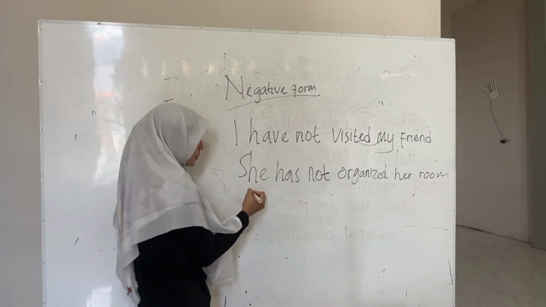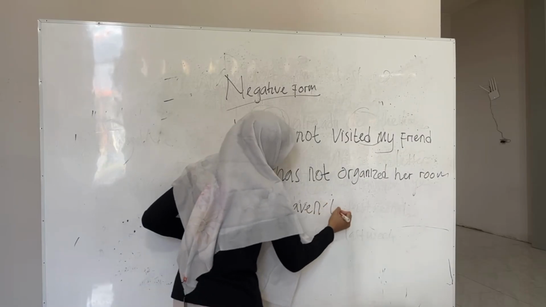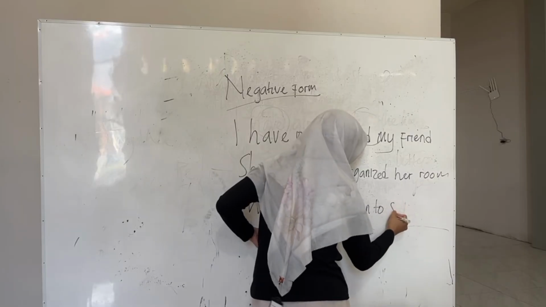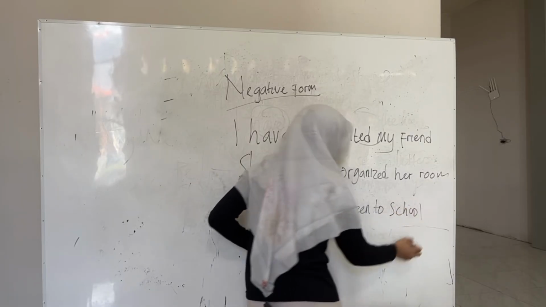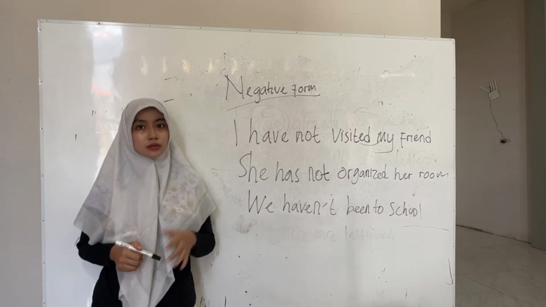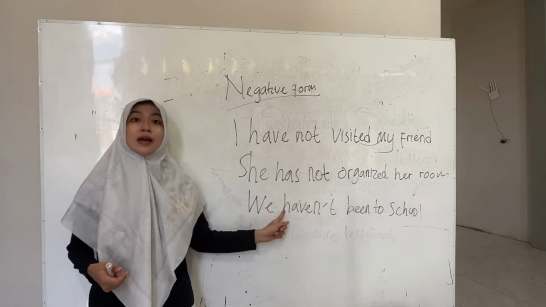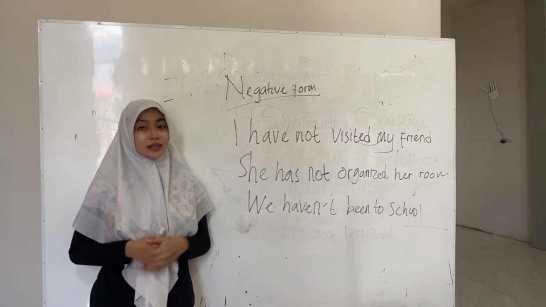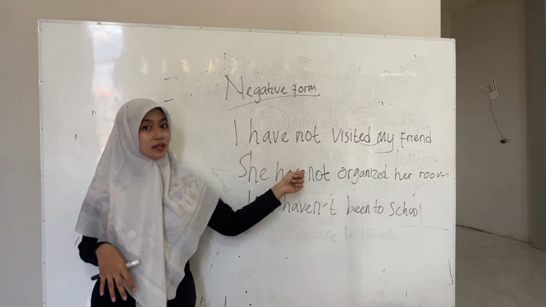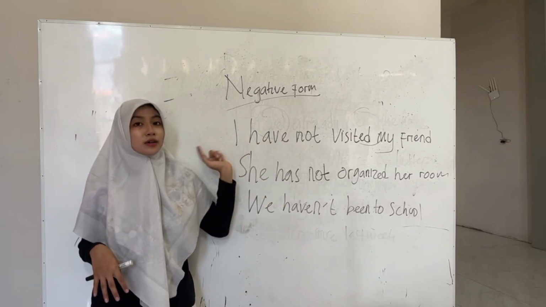Another example, we haven't been to school. We have been to your house. We have been to the English course. So we can use not after has or have. So it's clear that we use not after have or has, and we use has for the subjects she, he, it, and have for the other subjects.